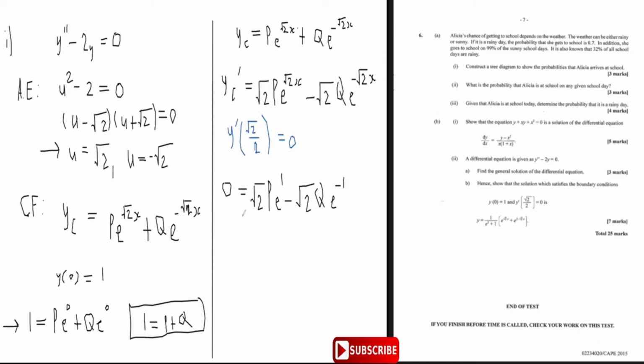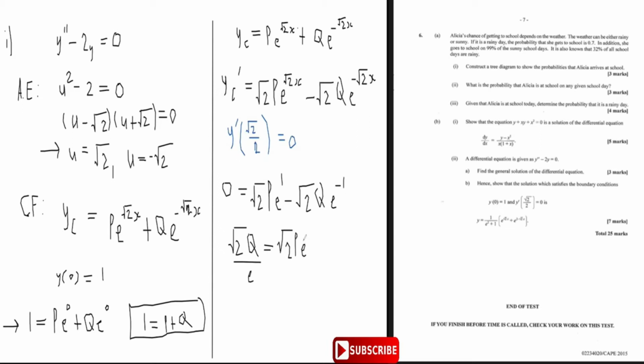From this equation, we can divide through by root 2, but don't divide through by e yet. I'm going to bring this part over here. So I'm getting root 2q over e is equal to root 2 p times e.